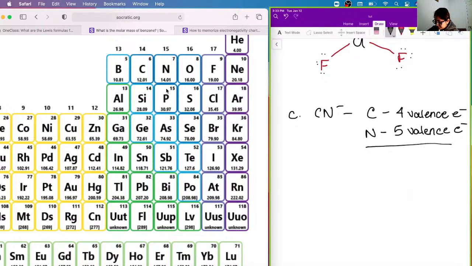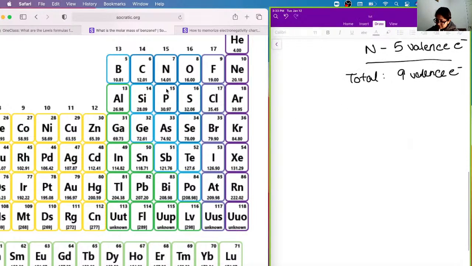And so the total number of valence electrons is... and so 6 electrons. In this case, cyanide forms a triple bond, and in the triple bond, we would have 6 electrons being shared, while 4 are in 2 lone pairs.